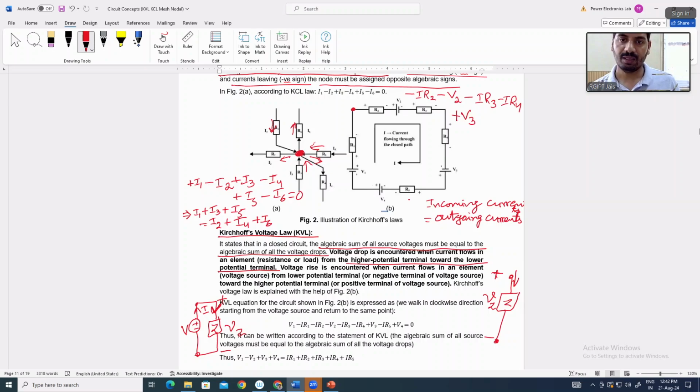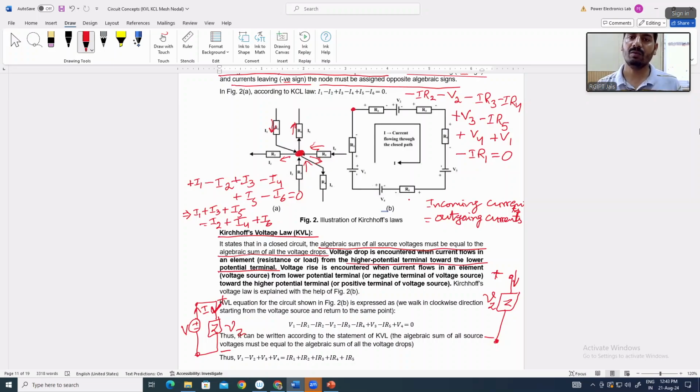Then again plus minus, meaning minus I into R5. Then again minus plus, which means we take plus V4. Then minus to plus, V1, and then plus to minus, I into R1, and that will be 0.